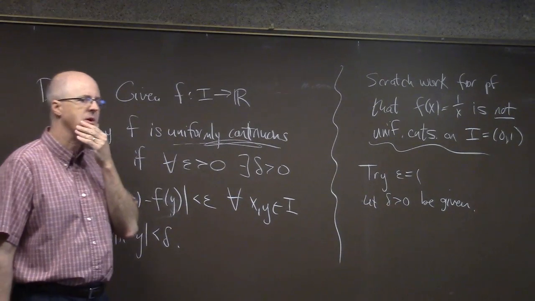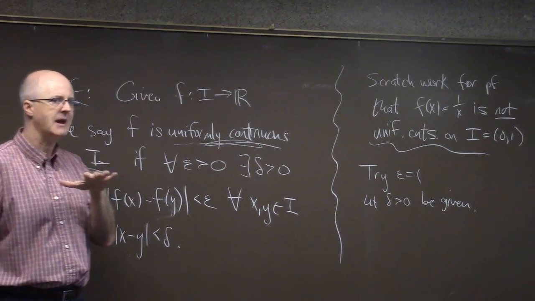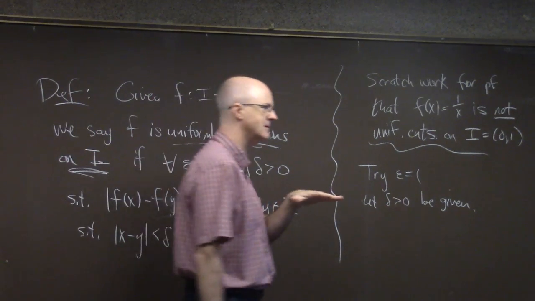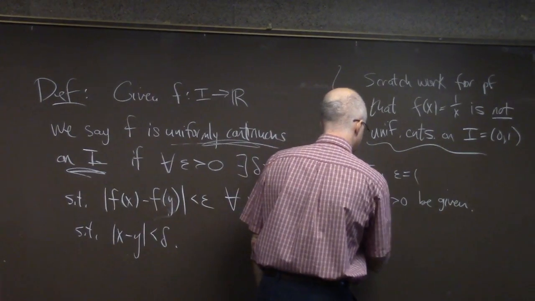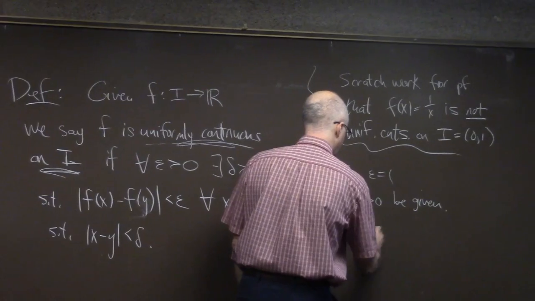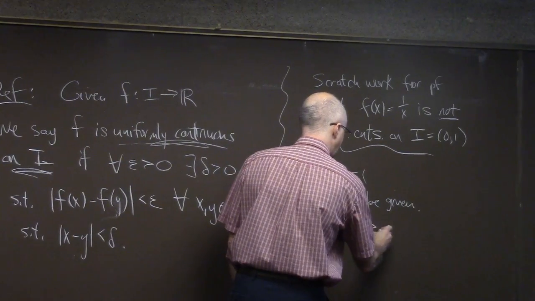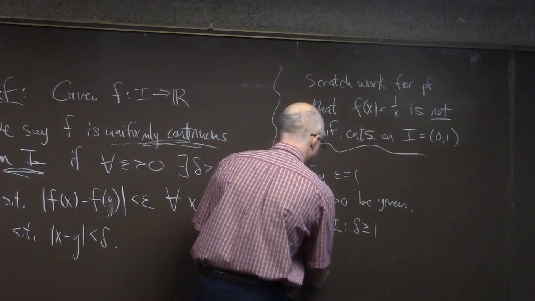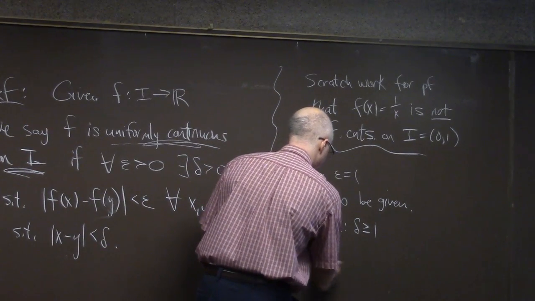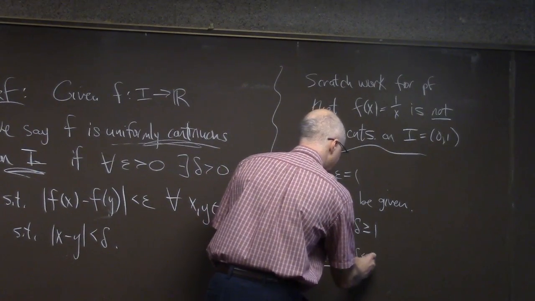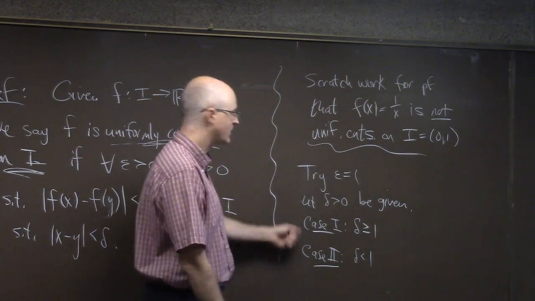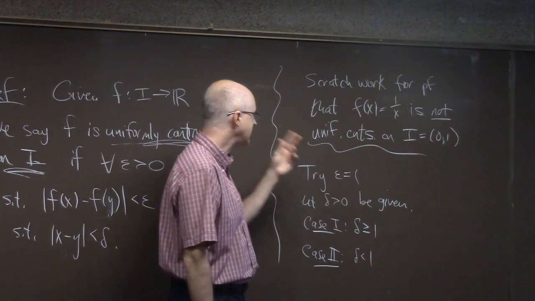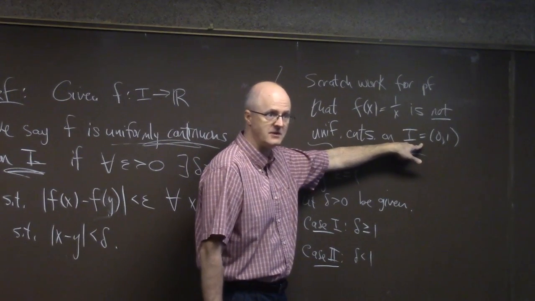I was thinking about this before class. This is not completely obvious, but it turns out to be good to consider 2 cases. Case 1: delta happens to be greater than or equal to 1. In case 2, delta is less than 1. Case 1 is easy. If delta is greater than or equal to 1, then any 2 points in the interval will be within delta of each other.